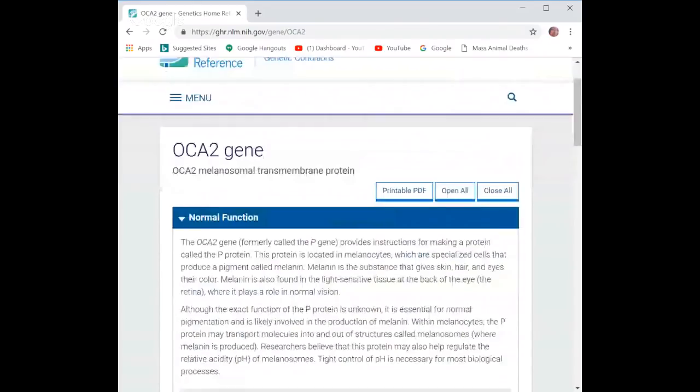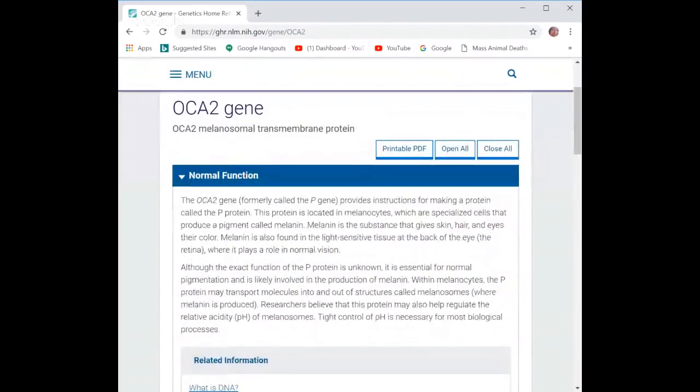And so here it is literally a melanosomal transmembrane protein on the membrane of melanocytes. Melanin, of course, we know is the substance that gives our skin, hair, and eyes their color. Without the color, you have metabolic issues.